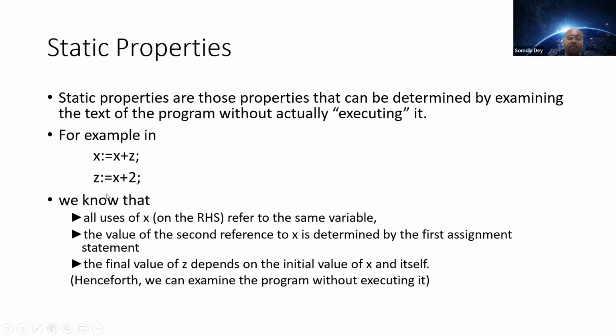For example, if you are given the expressions x = x + z, z = x + 2, here you can easily determine the value of x and z, given that you know the initial assignment of x and z, right? Just by looking at the expressions, you can evaluate the type or the value of the output of the expression. So this is a static property.